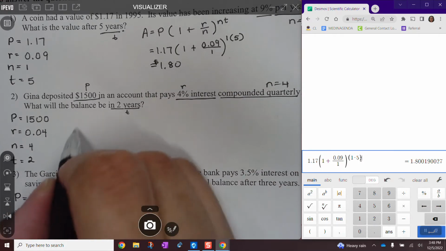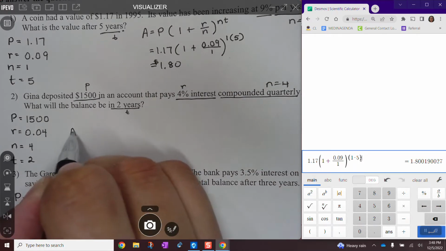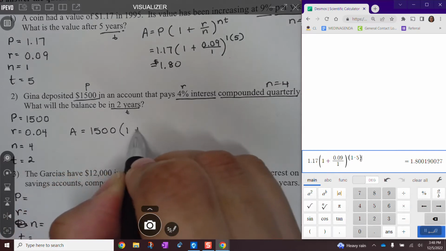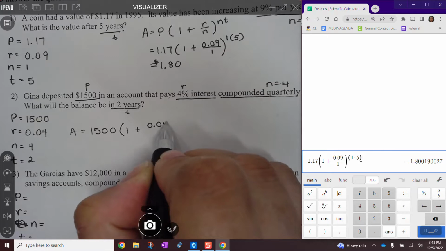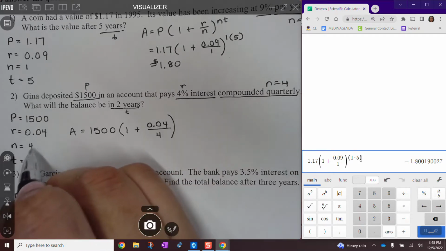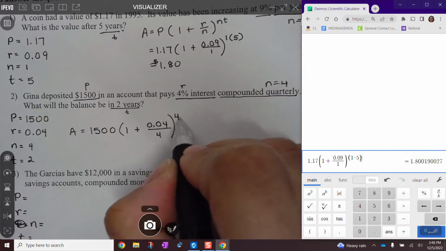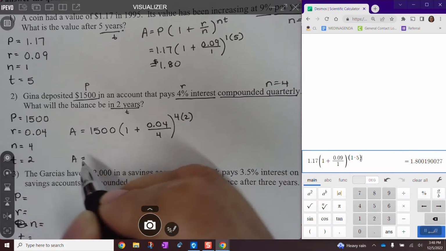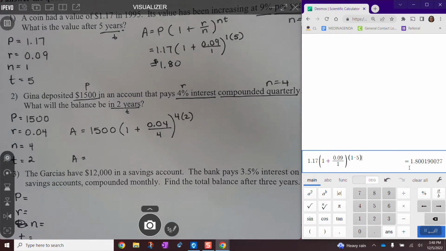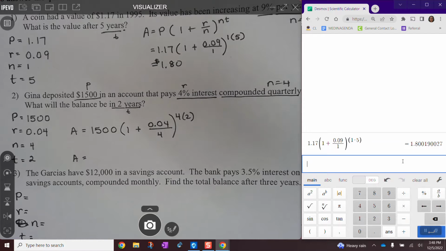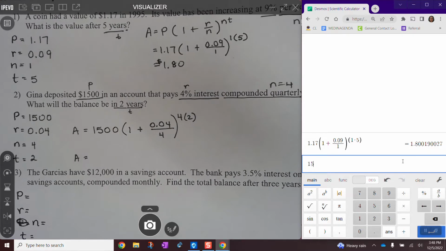And plugging it into the formula, A equals the principal, 1 plus the rate divided by N, raised to N times T, so 4 times 2. So it would be 1,500.